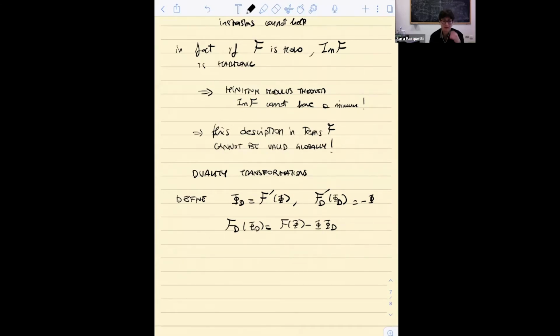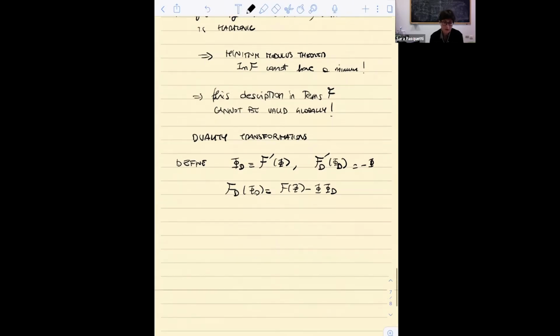So I want to try to go from the original variables to this dual set of variables. And the claim is that this is going to provide a dual description of the field. So I need to see how this transformation acts on the action and on the Lagrangian.